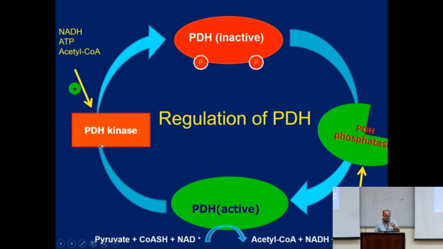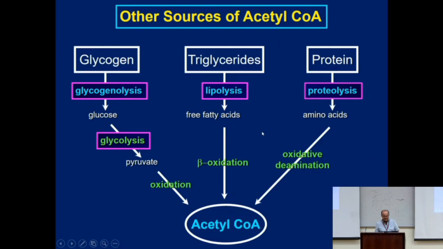That's part of the complex. And it will start to add phosphates from ATP to the catalytic enzymes. Here are these phosphates on serine and threonine residues, and the enzyme complex becomes inactive. You can go back to the active form by activating the phosphatase by either calcium or magnesium. Okay? So that's really a crucial slide to understand in terms of the regulation.